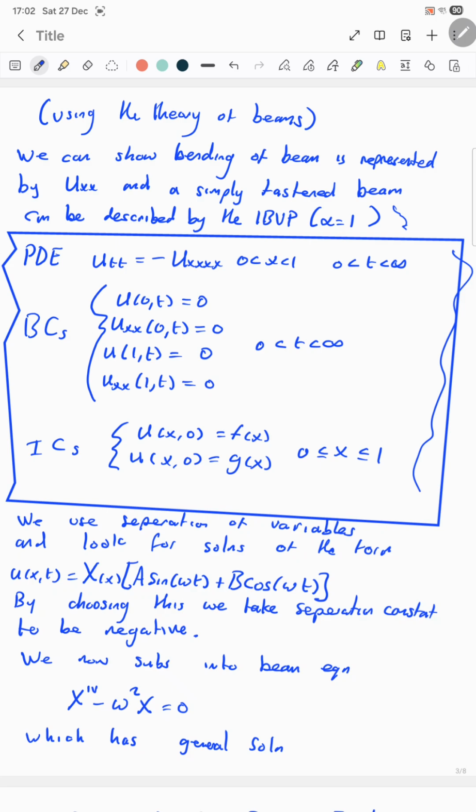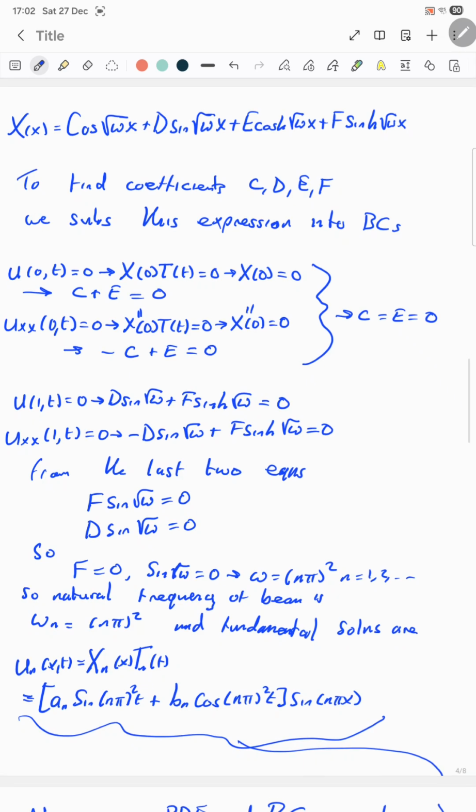Now if we use separation of variables and look for a solution of the form, again, u(x,t) = X(x)T(t), with sines and cosines, where a and b are constants, and by choosing this we take the separation constant to be negative. We now substitute into the beam equation, which has a general solution given here.